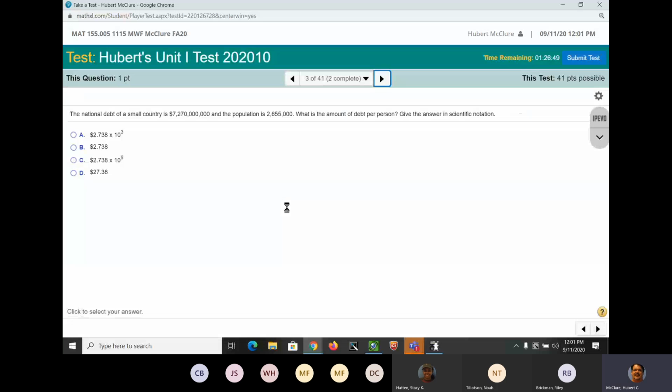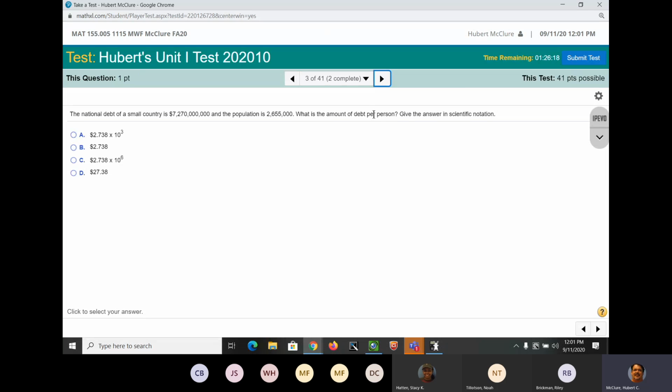The national debt of a small country is $7,270,000,000, and the population is 2,665,000. What is the amount of debt per person? So that means divide by the person.